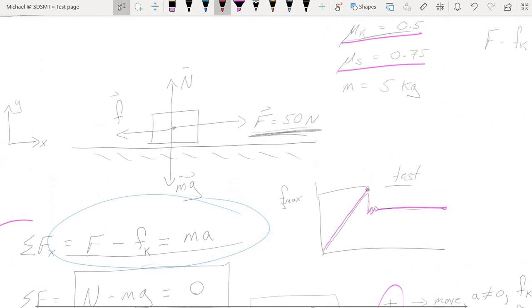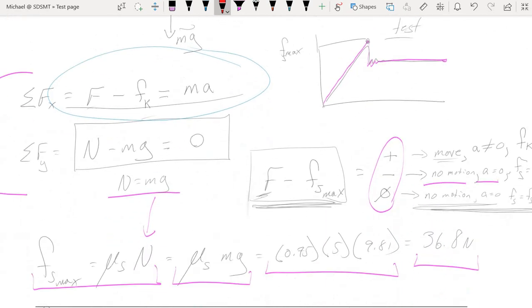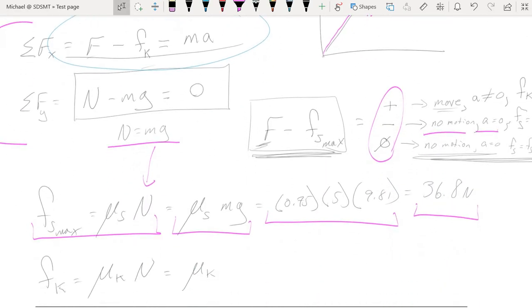Granted, this block is going to start sliding across the floor, but it's still in contact with the surface. The block is still pressing its weight down on the table. The table is still pushing back with the normal force. We still have the same normal force. It's mg. So now we'll plug in our kinetic coefficient, which is 0.5.